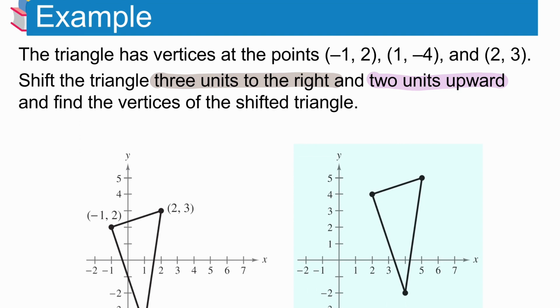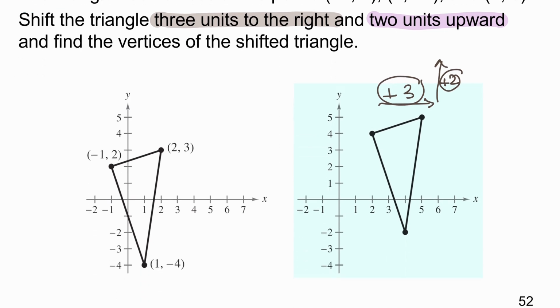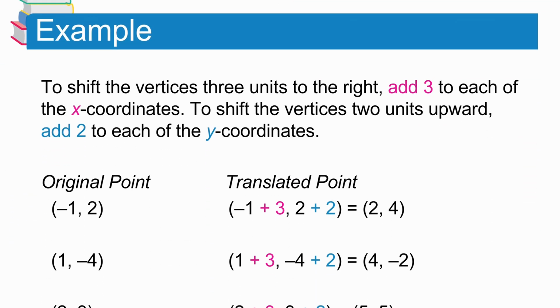So we're moving it 3 units in this direction and 2 units in this direction. Basically what we're doing is adding 3 in the x direction and adding 2 in the y direction. And that's what we've done here.